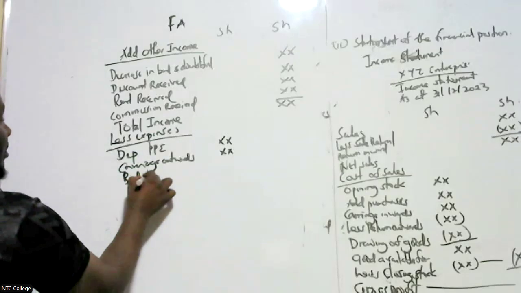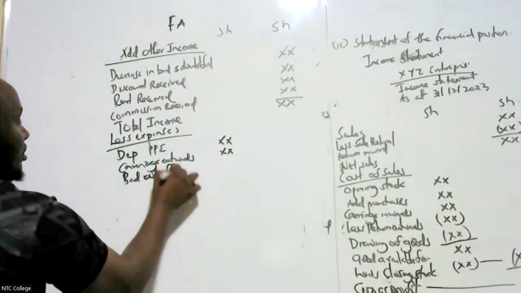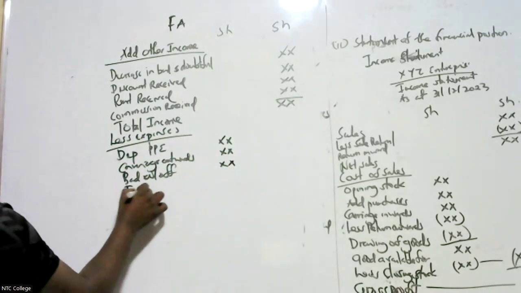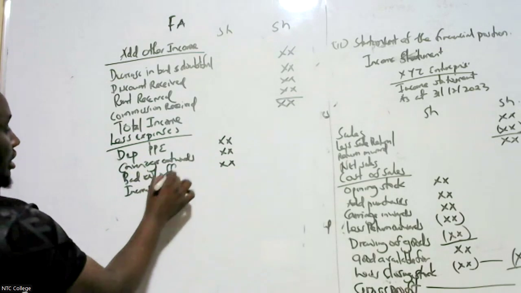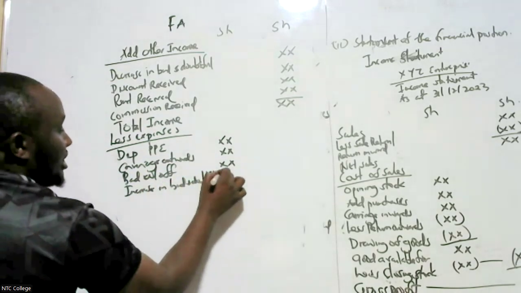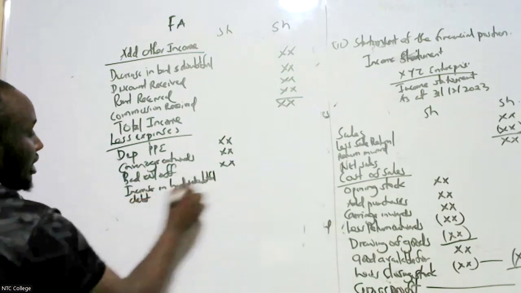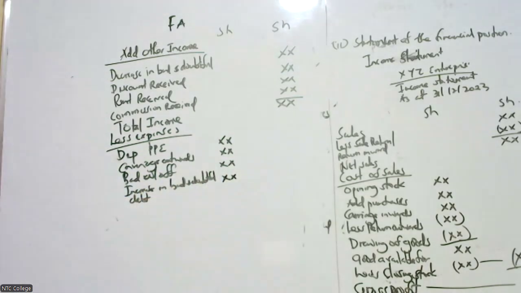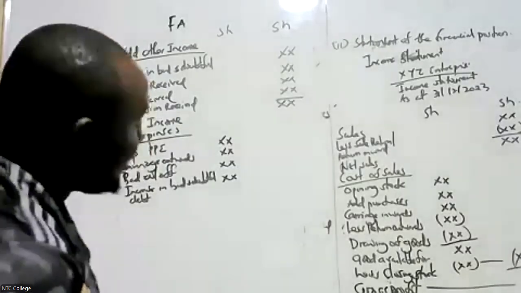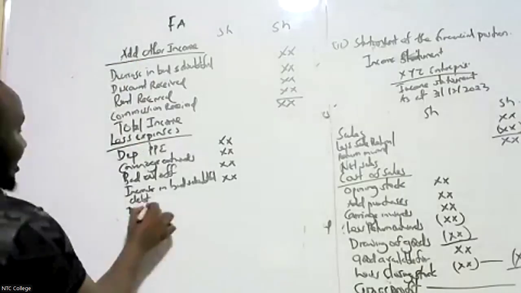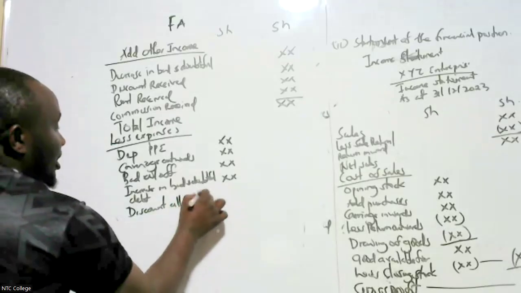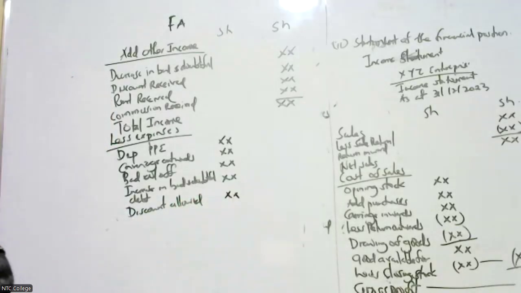We can have increase in bad and doubtful debt. We can also have discount allowed. So these are just but a few.